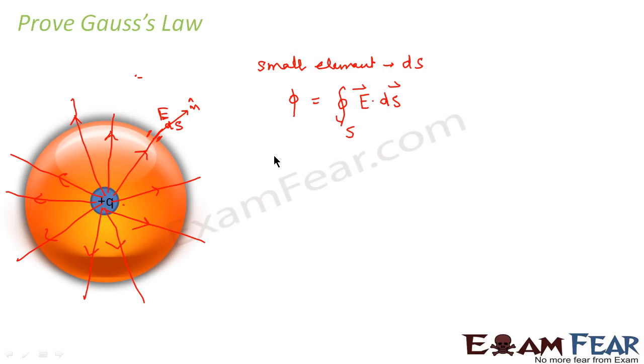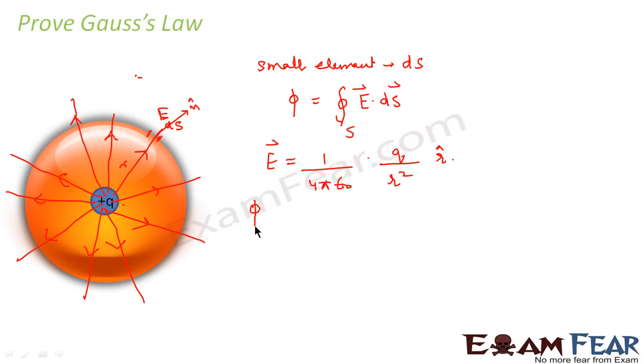From the definition of electric field, we know that E is equal to kq by r square, where k is 1 by 4 pi epsilon naught. If this distance is r, that is, the distance of the element ds from the source charge, then E is q by r square into r cap. R cap denotes the direction of the electric field.